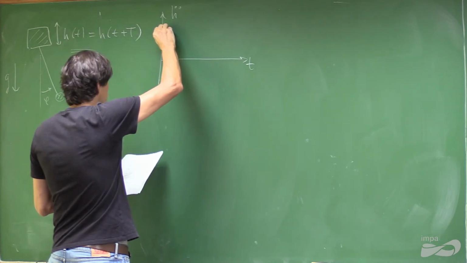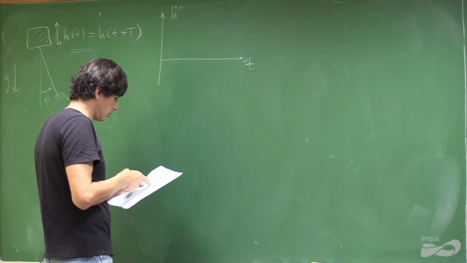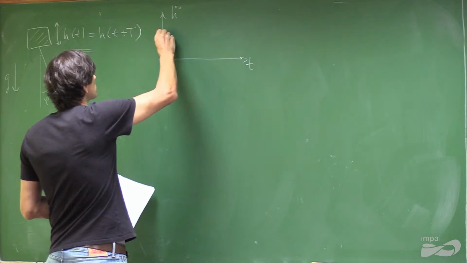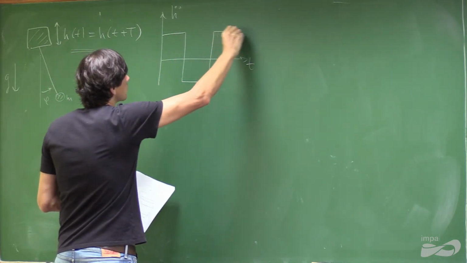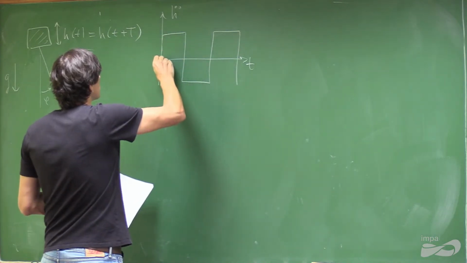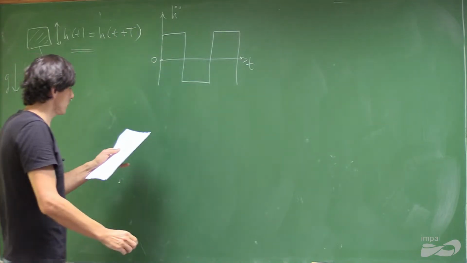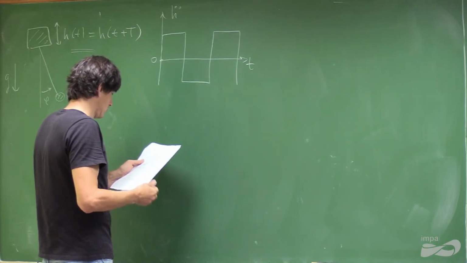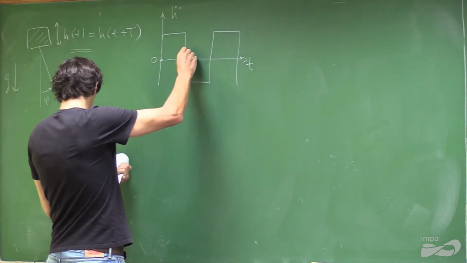So we take h double dot in such a form. Well, in the notes the plot is horrible. It's not even correct. But anyway, we do it like this. We take a constant value until half a period.